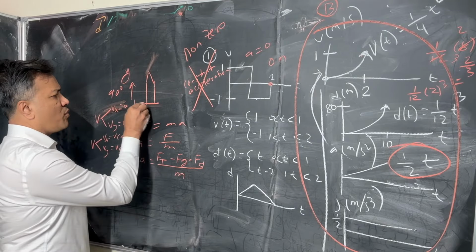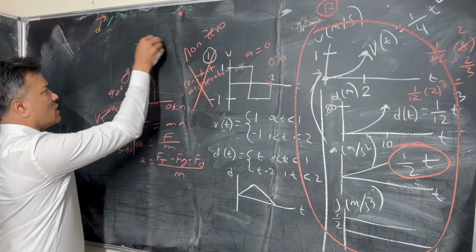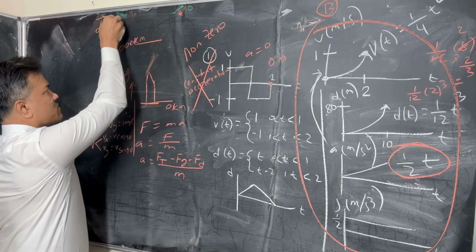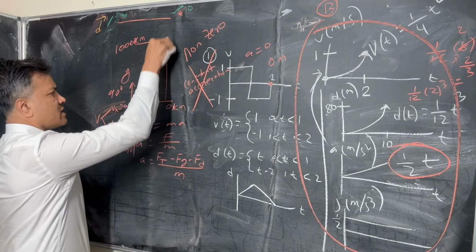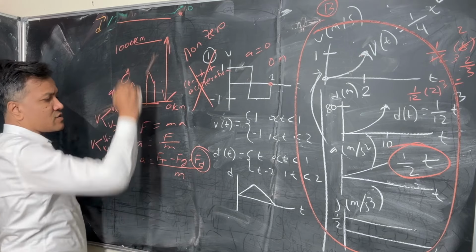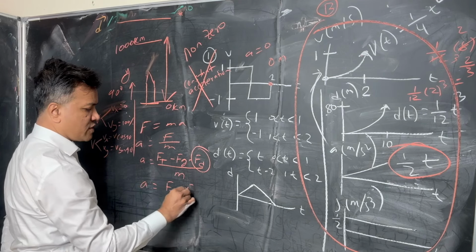As the rocket goes from 0 kilometers, let's say, to 1,000 kilometers, there is air drag. Above that there is no air drag. So after there, acceleration is F thrust minus Fg over m.